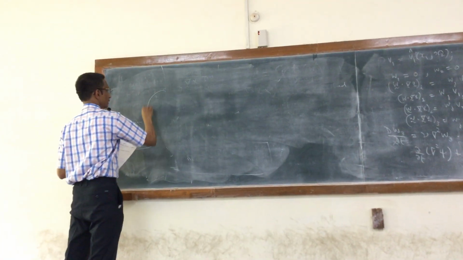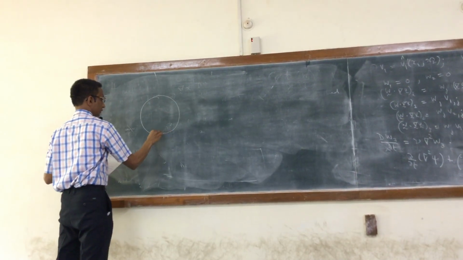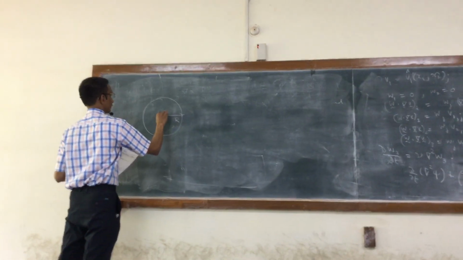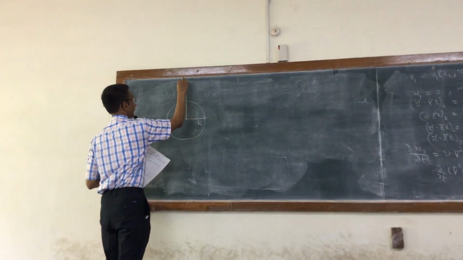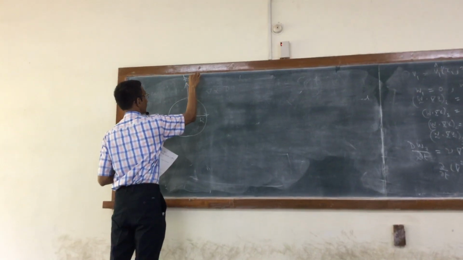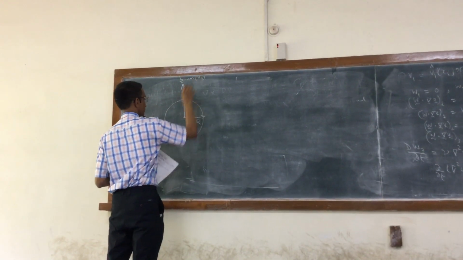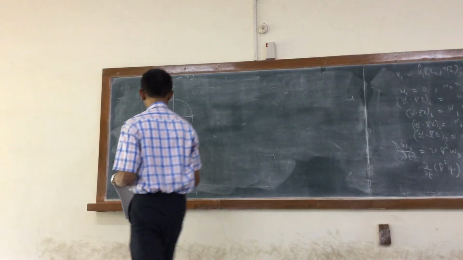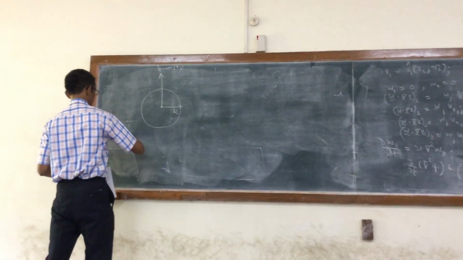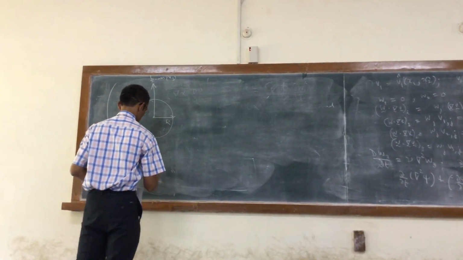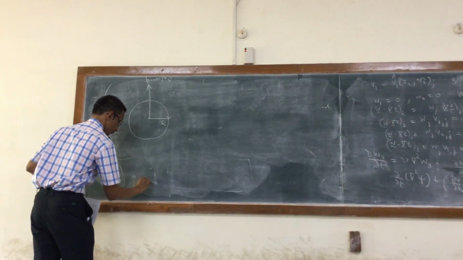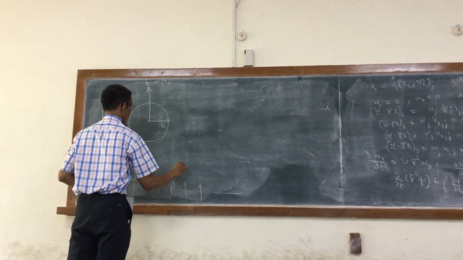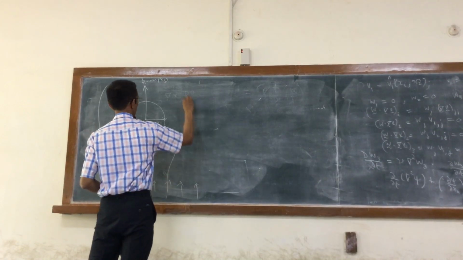So I have the sphere, let's say of radius r, then the so-called z axis, we can call it x3, with the upward direction. The flow is around the sphere, so this is fluid flowing, and then it goes around the sphere.